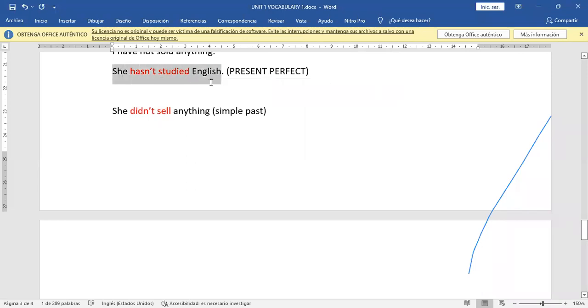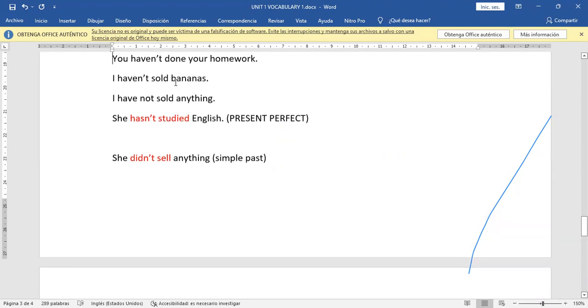Y aquí es "no ha vendido". Ella no ha vendido. Hasn't sold. She hasn't sold anything. Ahí está. "Ella no ha vendido nada."